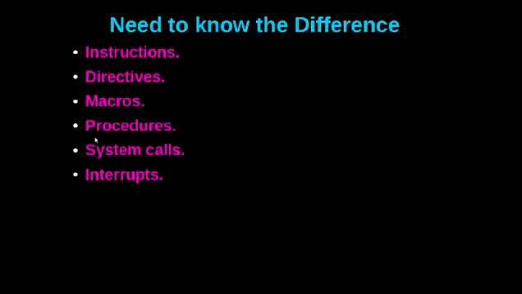Procedure. What are procedures? Procedures are functions, but in assembly they call them procedures. That's the only difference. System calls. System calls are really important, and most people don't know what they are. Have you heard of APIs? Application Programming Interface.